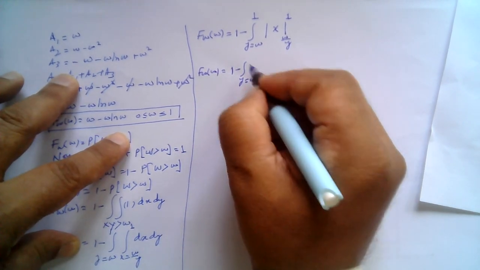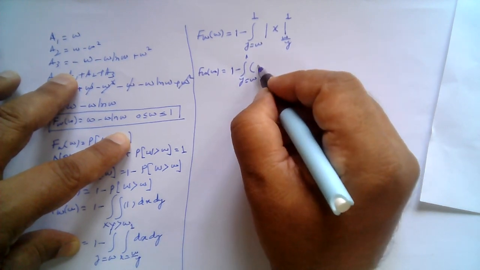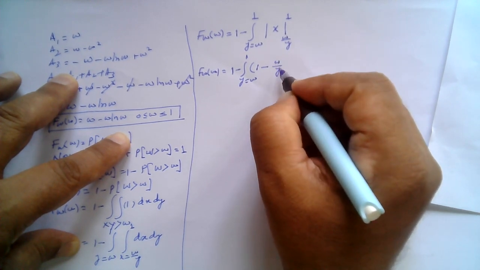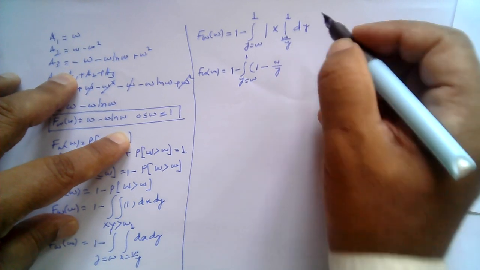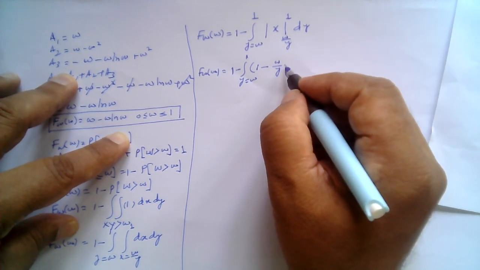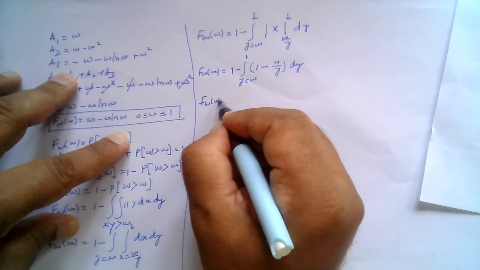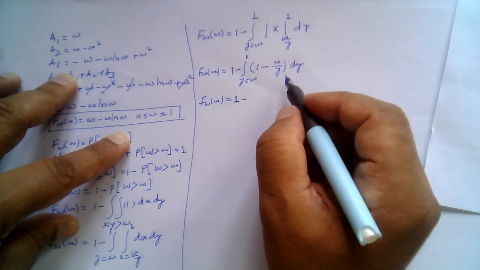y, with y from w to 1, and this is 1 minus w over, sorry, I left dy here. So 1 minus w over y dy, right? So F_W of w is 1 minus, now we integrate with respect to y.